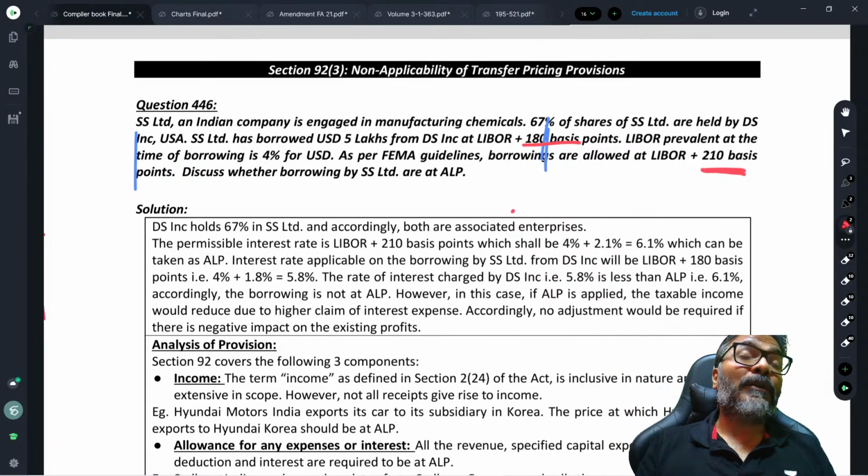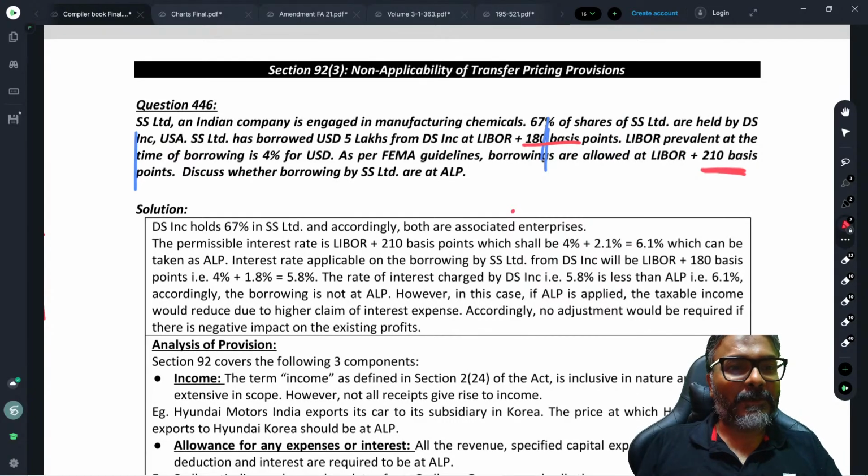So if I adopt the arm's length rate of 210 basis points, then I will effectively decrease my total income as against what I have reported in my return of income, students.